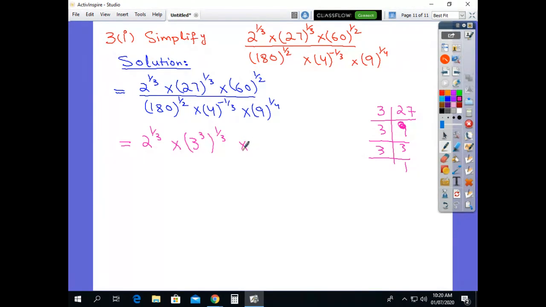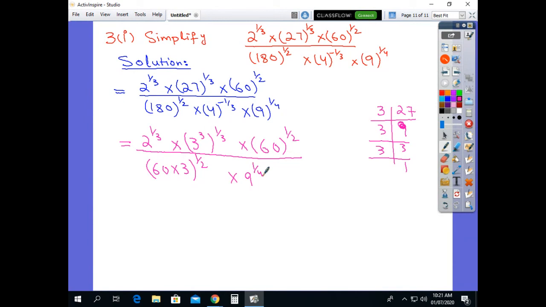Here we cannot split 60, because we write 180 in the denominator as 60 into 3, raised to power 1 by 2. 60 into 3 becomes 180. Here we write 9 raised to power 1 by 4.